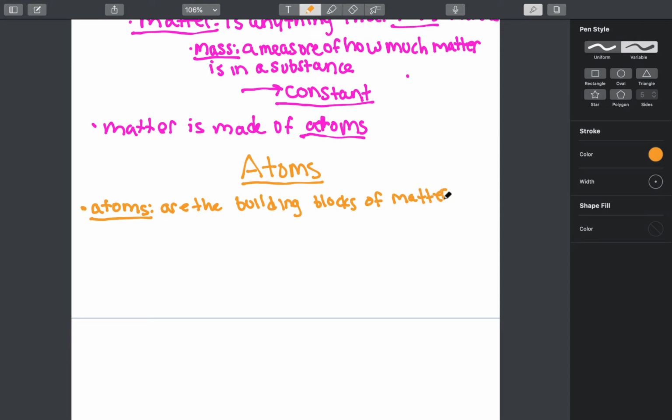So atoms are what make matter matter. They are what make a desk a desk. They are what make you you. They are what make air air. They make up matter.